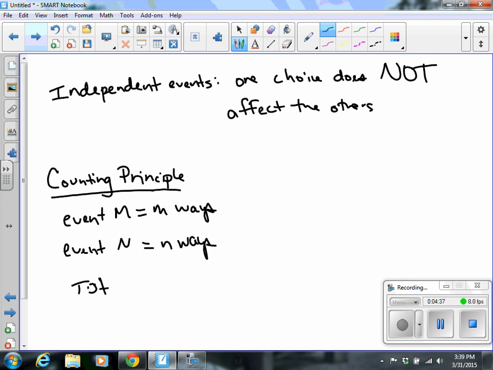Total, if independent, equals M times N. Okay, so we'll talk about this. I understand a lot of words, not exactly sure what it means. Once you get to an example, you'll see what I'm talking about.